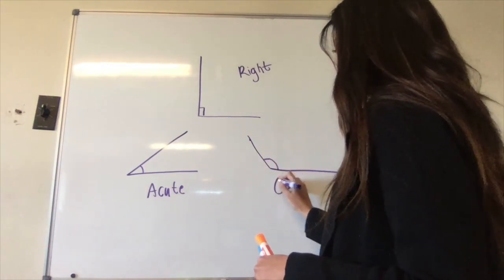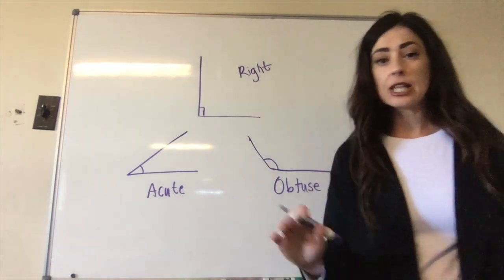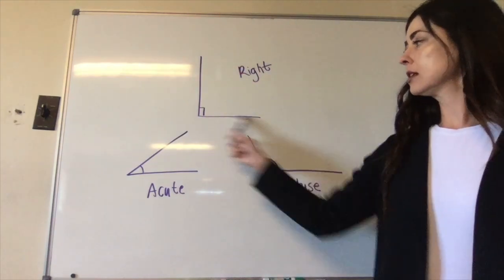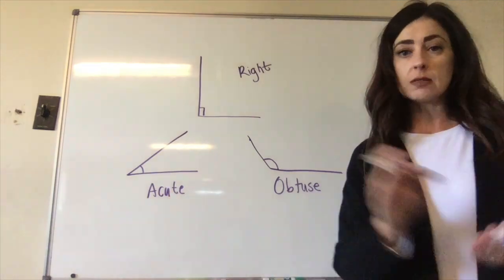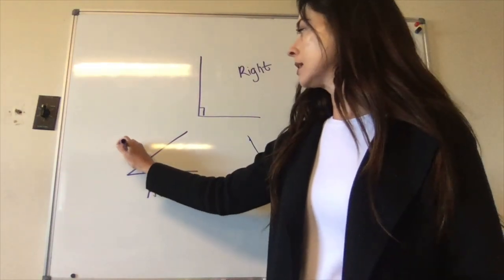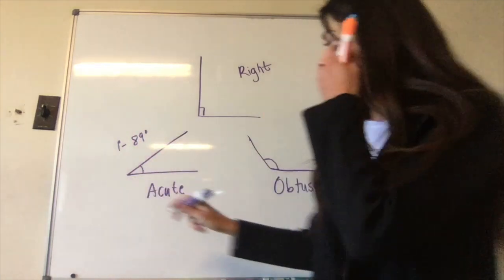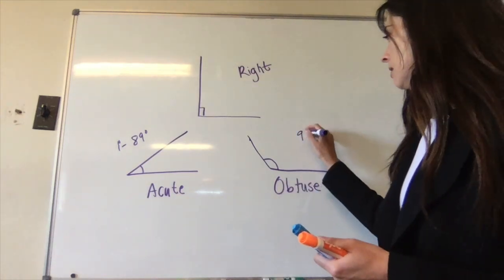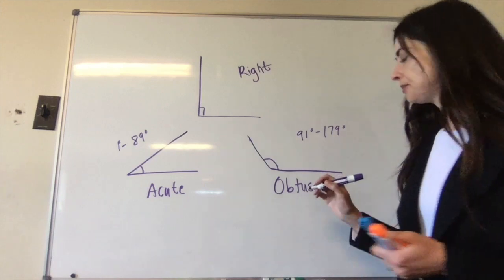And an obtuse angle is larger than 90 degrees, okay? So you can see right angle, back and forth, straight up and down, 90 degrees. Acute, smaller than 90 degrees, less than 90 degrees. So it's from 1 to 89 degrees. And obtuse is larger than 90 degrees. So it's 91 degrees to 179 degrees, okay?